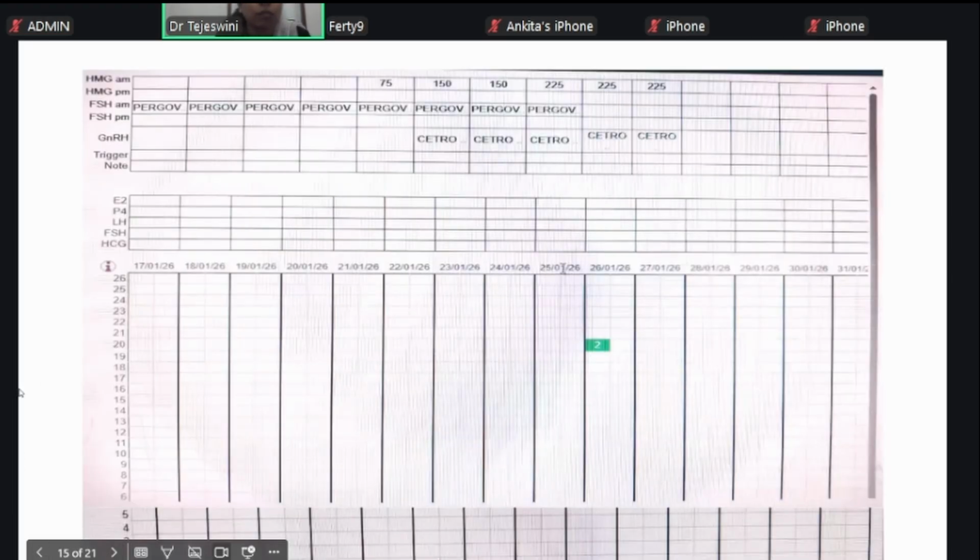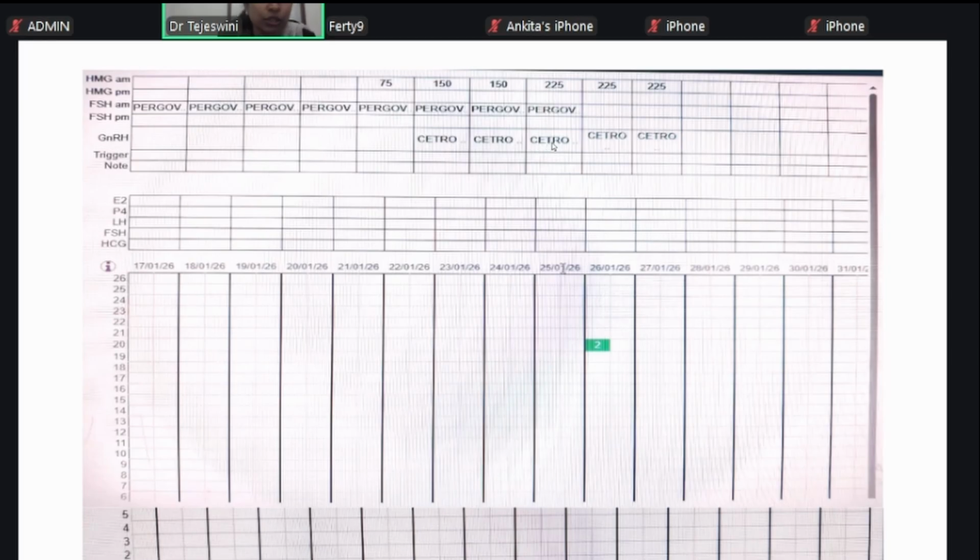So this is one more example of a stimulation chart wherein the preparation of gonadotropin like HMG or FSH or Pergoveris, what is used exactly, and we have to mention the units of dose given daily to the patient. And whenever the antagonist is added, we have to mention the dose of the antagonist and from which day it is started.